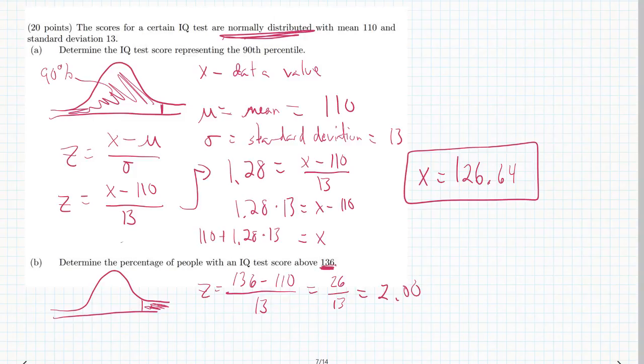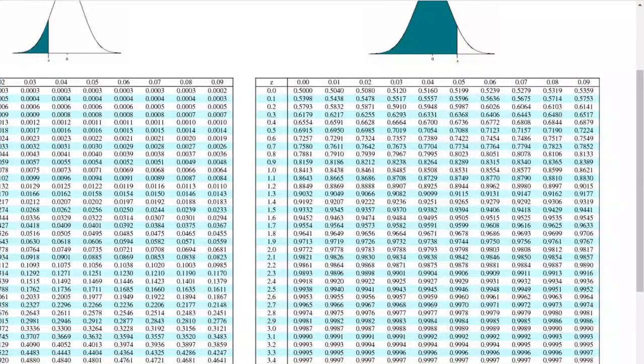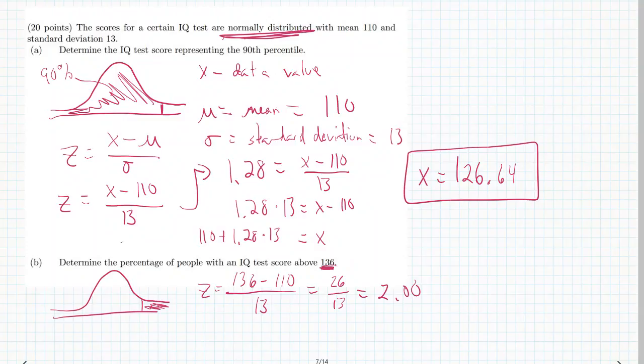So now when we go to our chart, let's bring that back up. We want to look at 2.00. Notice that gives us 0.9772. So what that means is you have 0.9772 sitting right here.